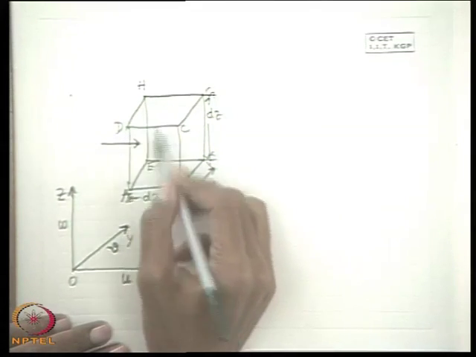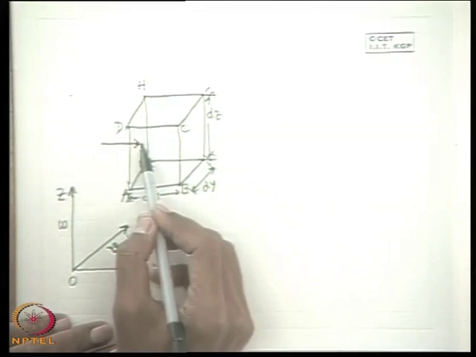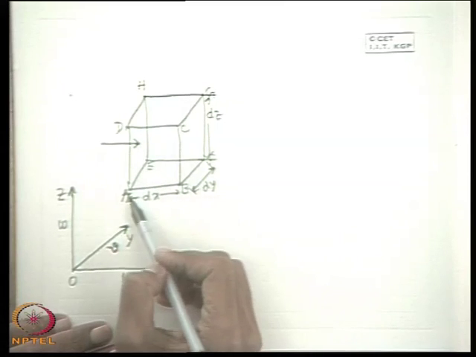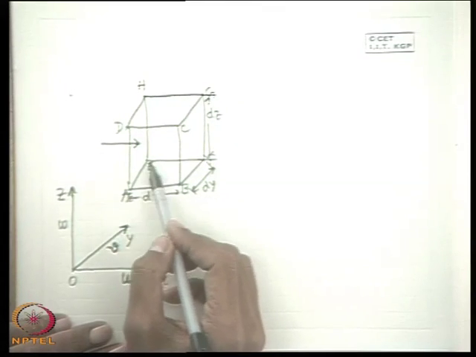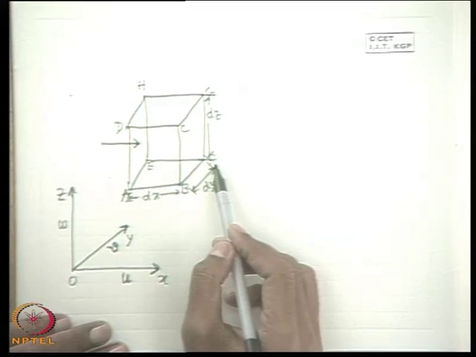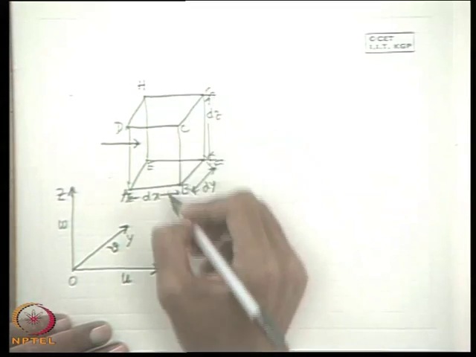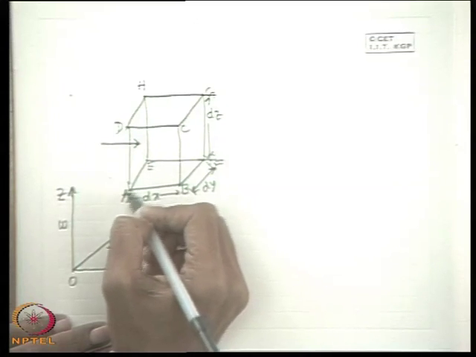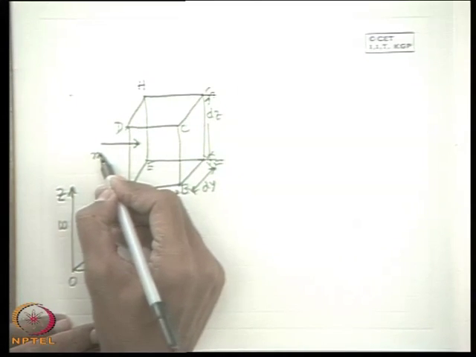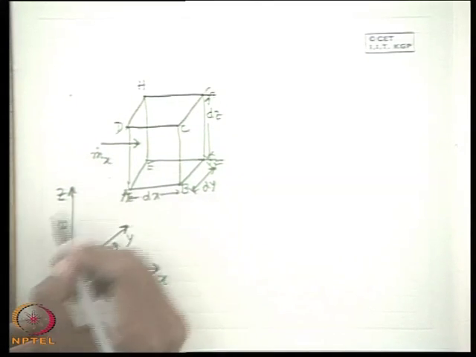This plane we call the x plane, because the normal to this plane is the x direction. There are two x planes, AEHD and BFGC. So through this x plane AEHD, let us consider a mass flux m dot x coming in.